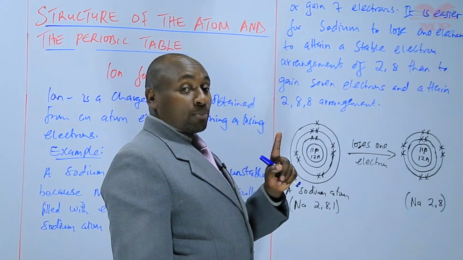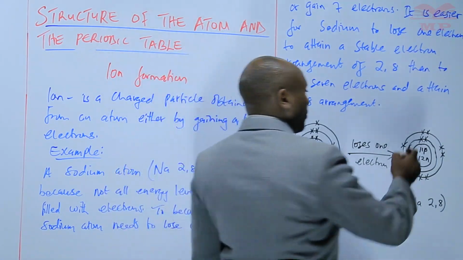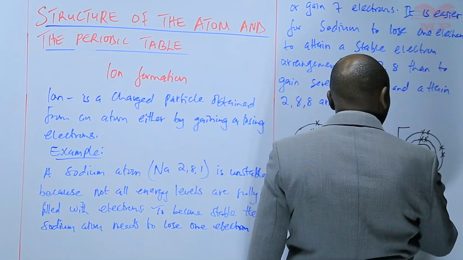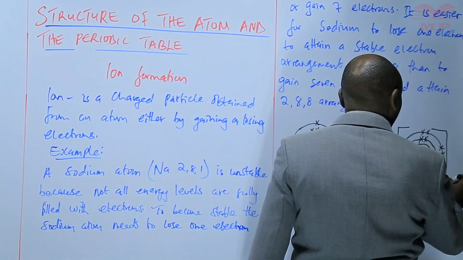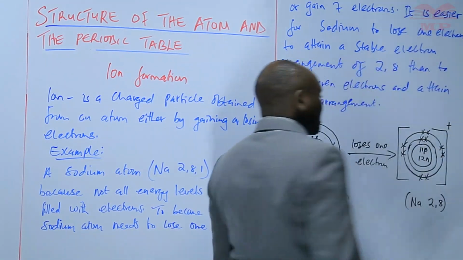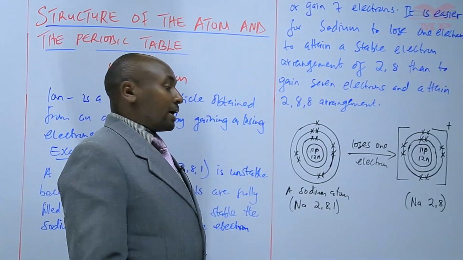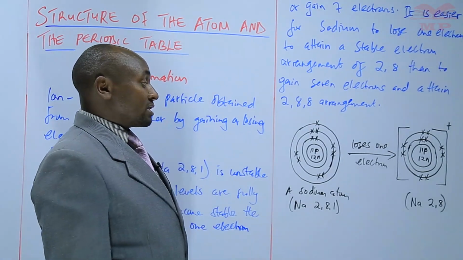And since the protons are positively charged, then we shall form a positively charged ion. So that extra proton is what makes that particular ion positively charged.